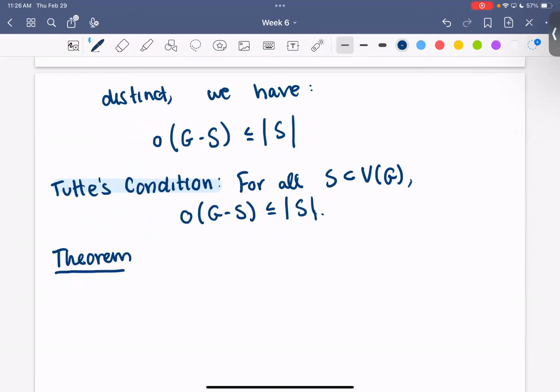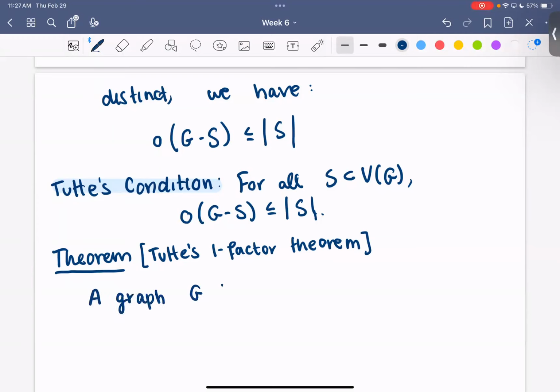This is called, I think, Tutte's one-factor theorem. It says that a graph G has a one factor if and only if Tutte's condition is satisfied.